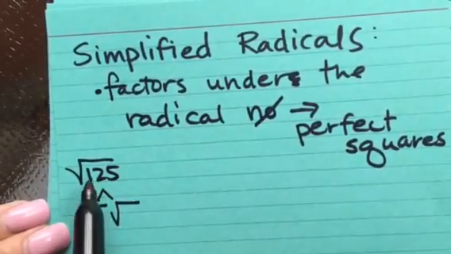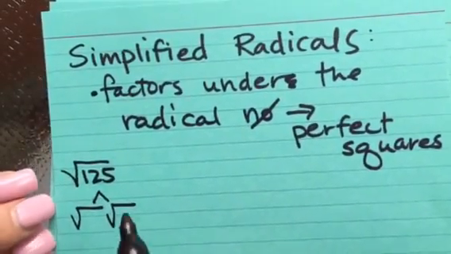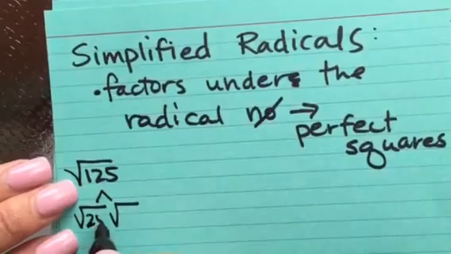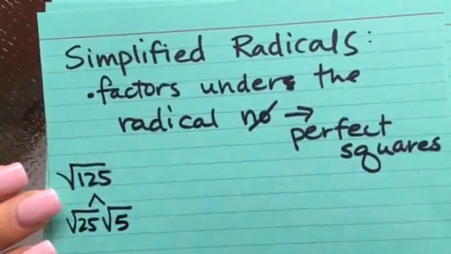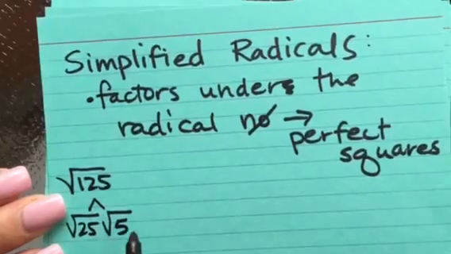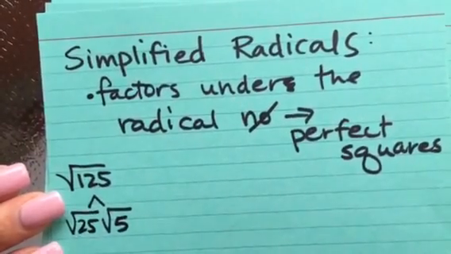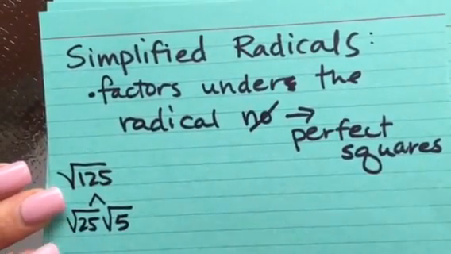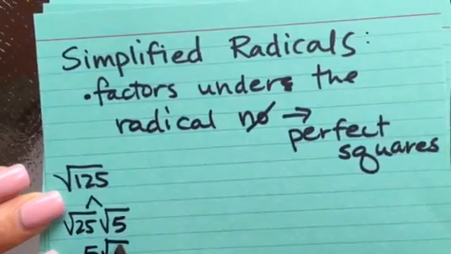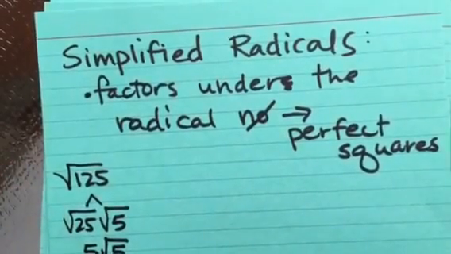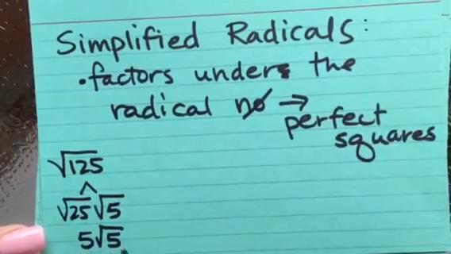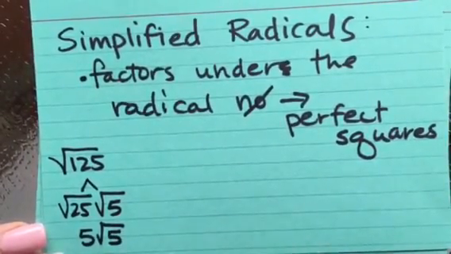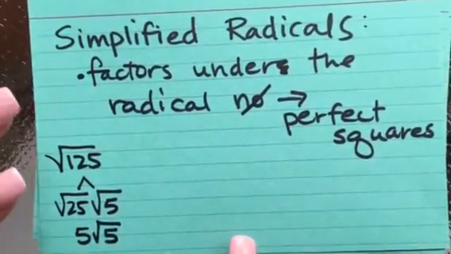We know that 25 is a perfect square factor that is a factor of 125, and 5 is what we multiply that by to get 125. So if we break this into the two pieces, then we can take this part out of the radical, and we would say, well, this is the same as 5 times the square root of 5, and that would be simplified. Notice that under the radical now, there's no factors that are perfect squares.